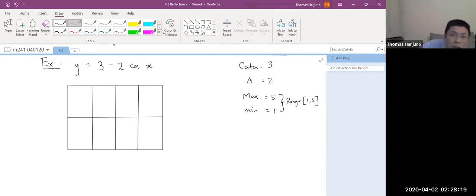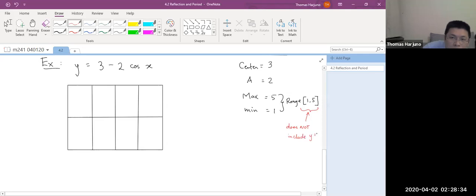Because this range does not include 0, then no x-intercept.